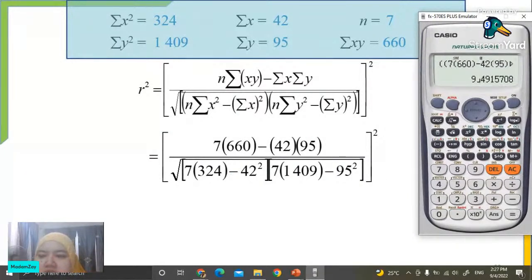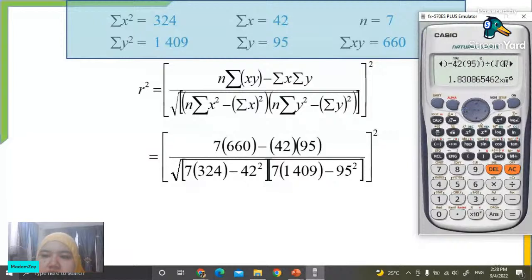So we get the answer equal to, wait, there must be something wrong somewhere. Okay, divide by. So if you use divide, square root, I think we need to put square root here.